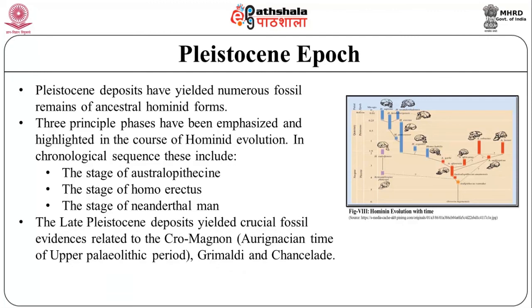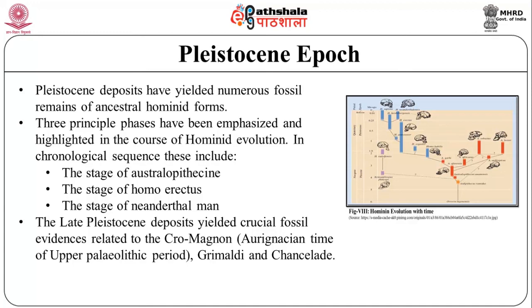The late Pleistocene deposits yielded crucial fossil evidences related to the Cro-Magnon, that is Aurignacian time of the Upper Paleolithic period, Grimaldi and Chancelade. Now when we see the figures, the hominid evolution with time, it is very clear how these different stages have evolved.